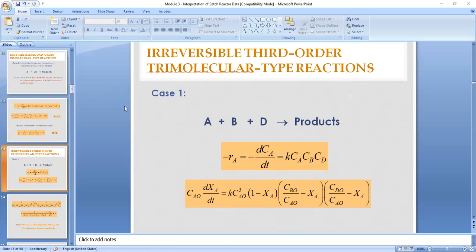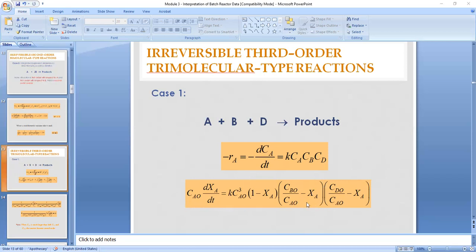That is, the amount of B reacted over its coefficient in the stoichiometric equation is equated to the amount of A reacted over its stoichiometric coefficient, the same thing with D. So that you will have the amounts of the other species related only to A. That way you can represent the second term solely as a function of x_A. So that was already discussed, and I won't go back to that.